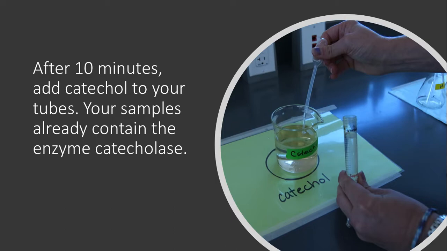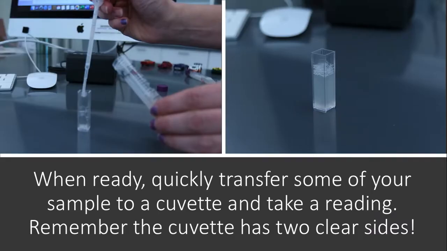So whenever we add the catechol, that will help us see the enzyme effects of catecholase. So when we're ready, we transfer it over to this cuvette. So this is the cuvette that I said we put all of our liquids inside of, and it goes inside of the actual colorimeter.